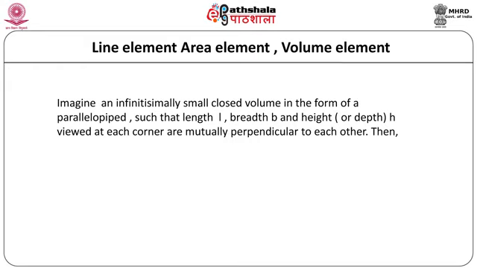How to obtain these expressions? For understanding the concept, imagine an infinitesimally small closed volume in the form of a parallelepiped such that length L, breadth B and height or depth H viewed at each corner are mutually perpendicular to each other.